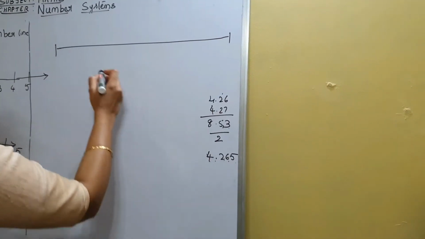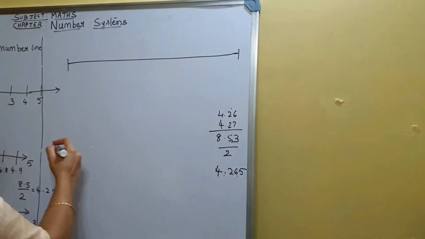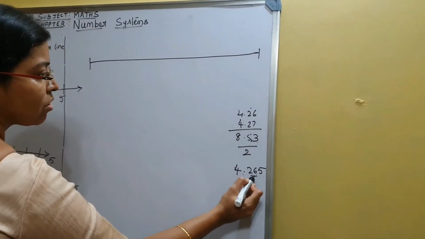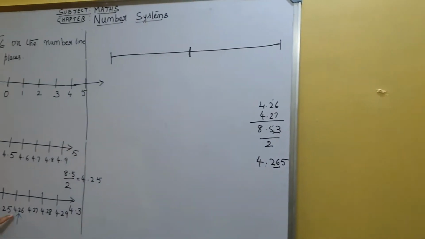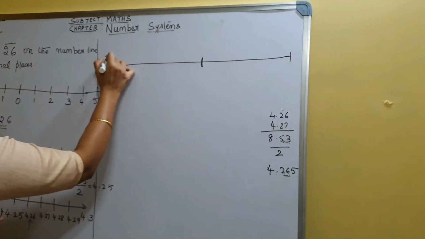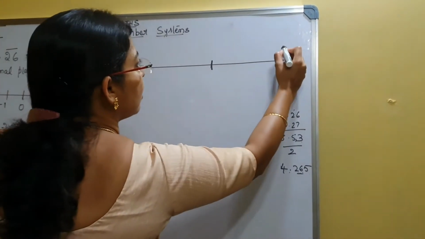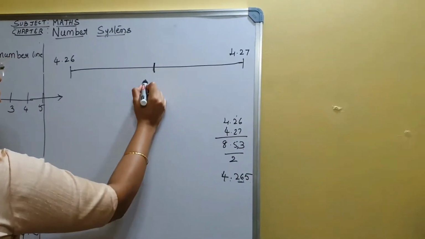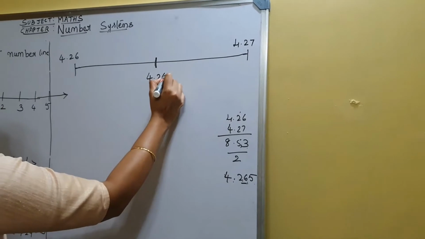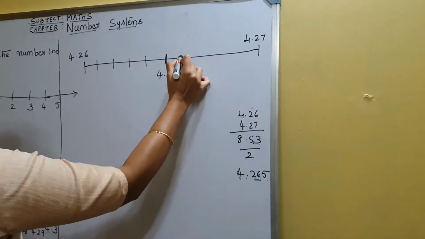The limits will be 4.26 and 4.27 on both the ends, and 4.265 is the midpoint. Make the markings, 4 markings on both the sides.